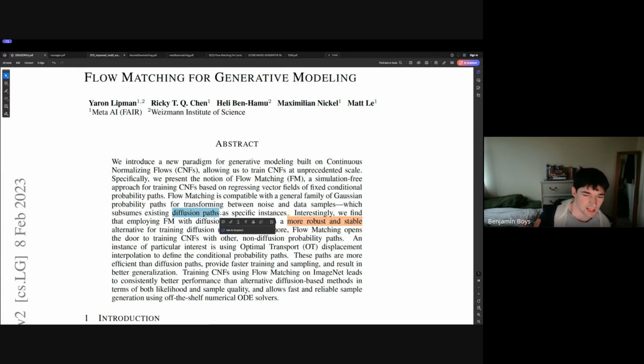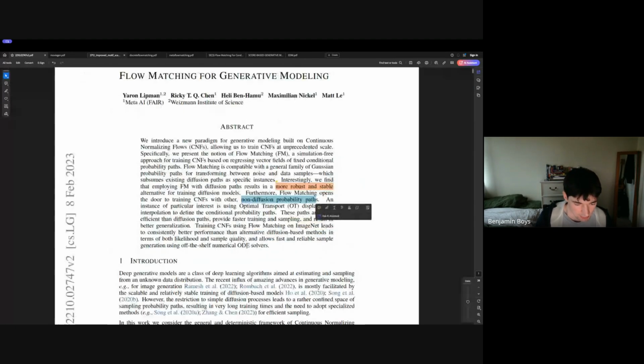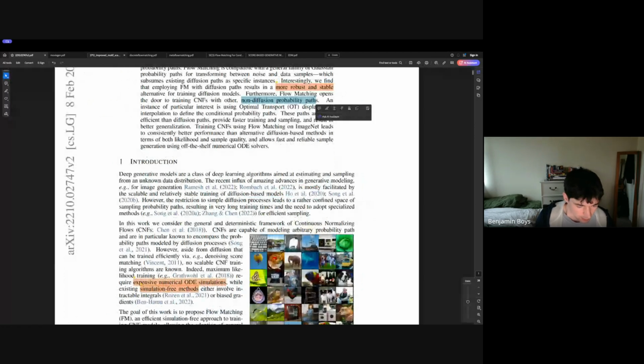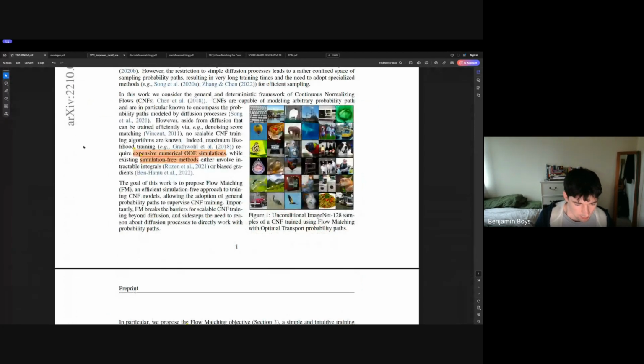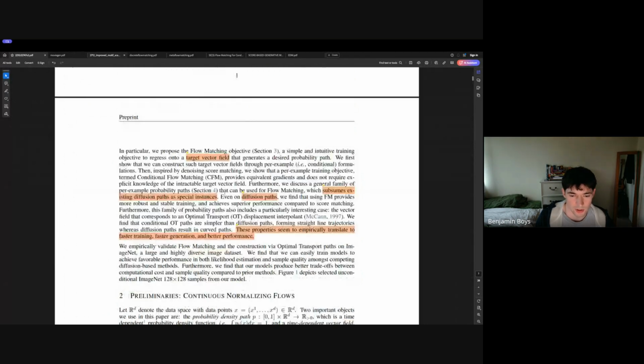But this paper has opened up the design space of the diffusion paths to non-diffusion probability paths. And how does it do that? Instead of doing score matching, we're going to do flow matching.